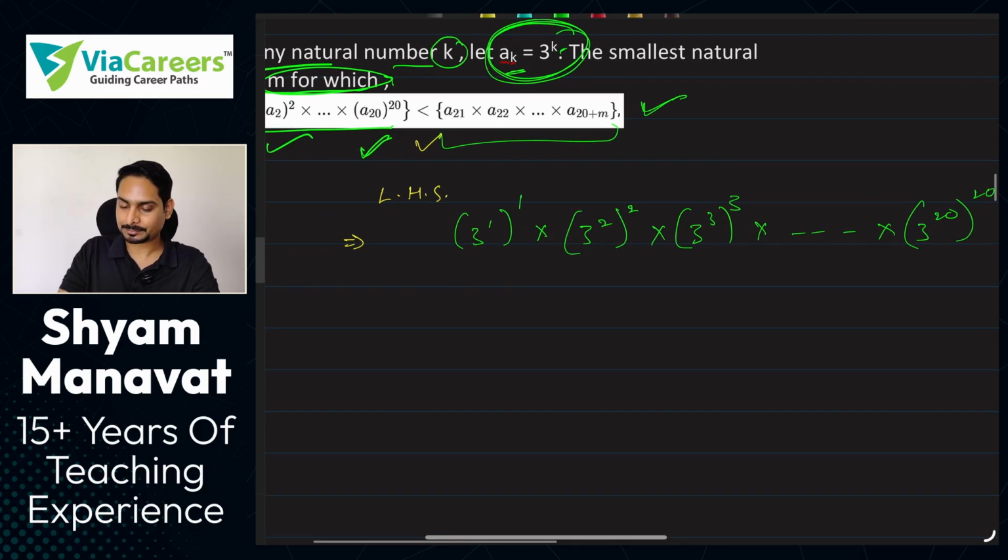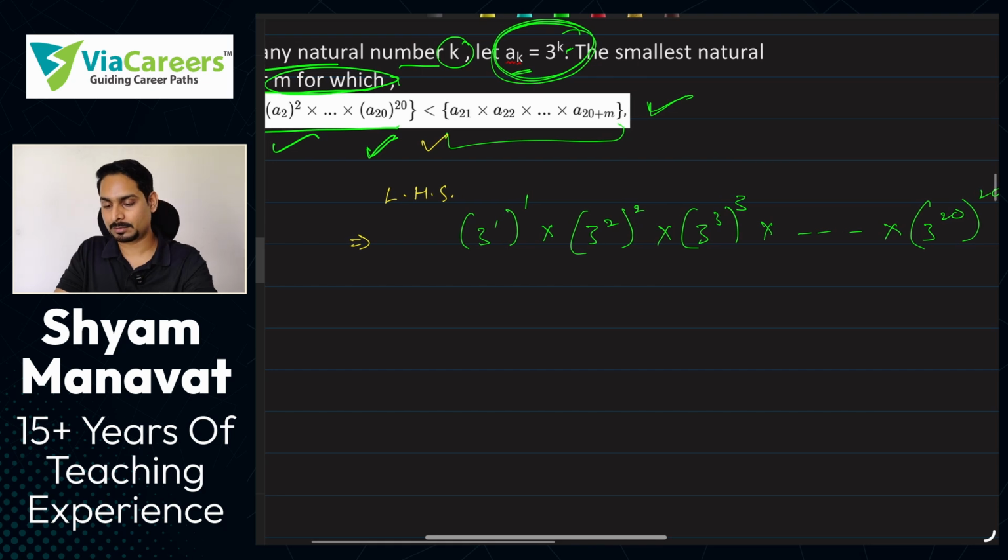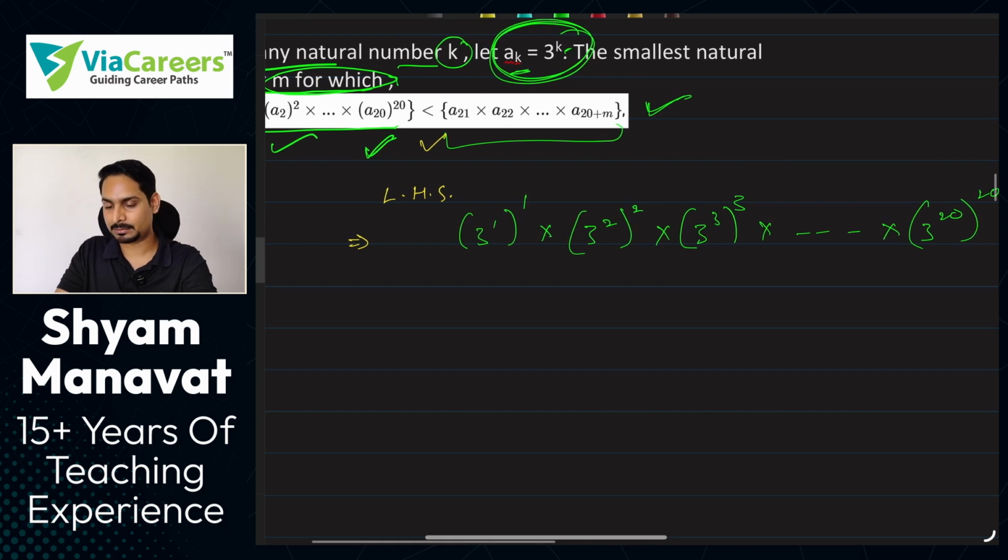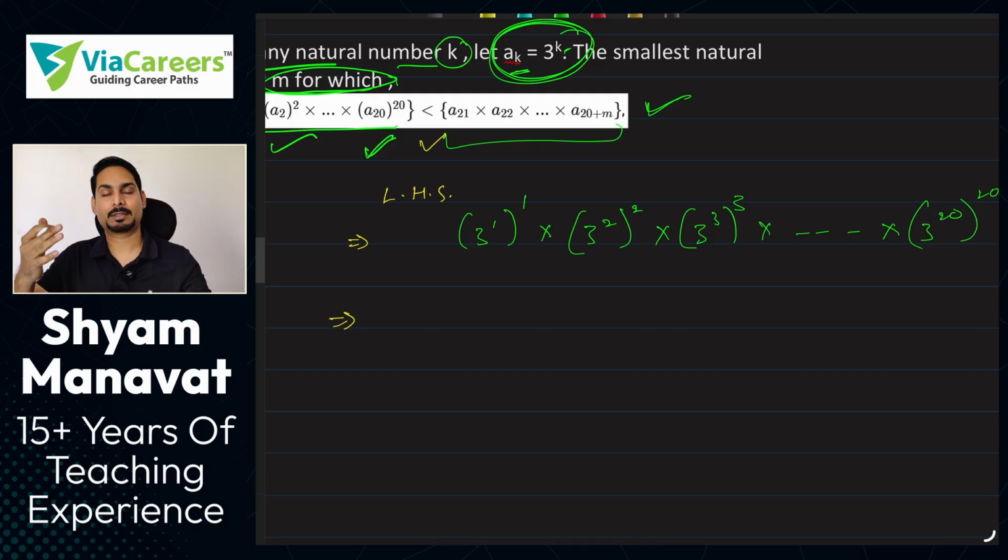Okay, so then you get what? Then you will get here power and bracket another power, bracket another power is what? You can write multiply, right? So this becomes 3 and this becomes 3, 2 into 2, right? 2 into 2.